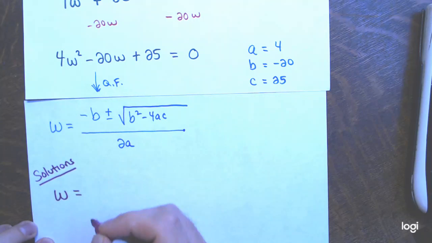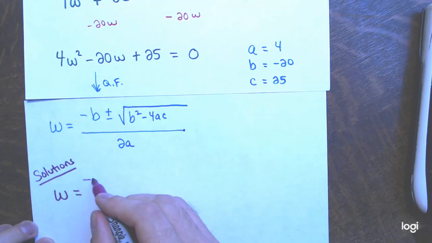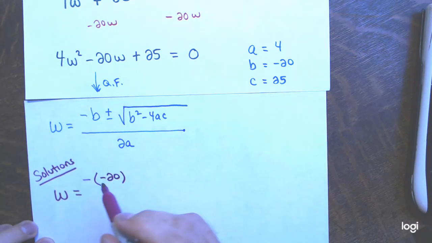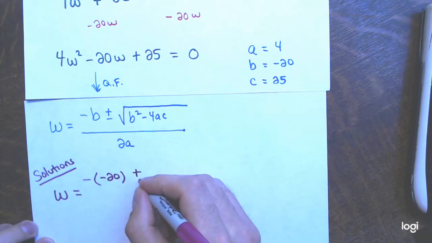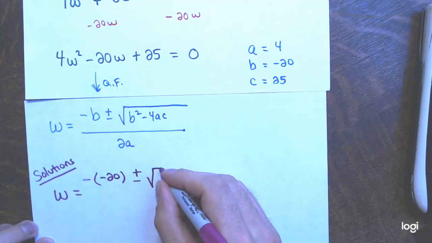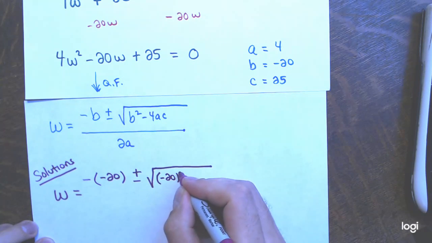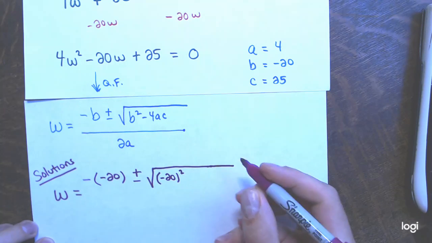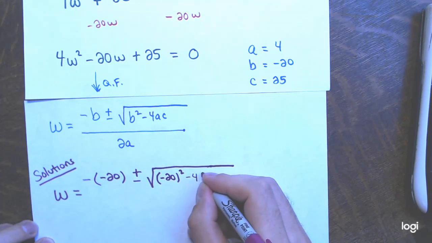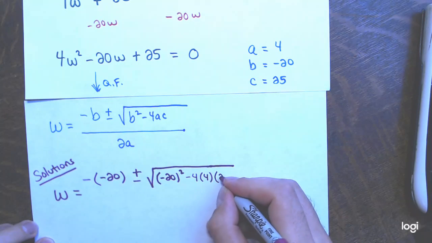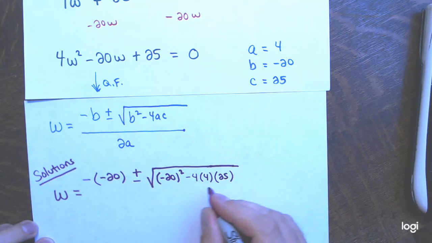W equals the opposite of b, which is negative 20, so that'll become positive 20 in a second, plus or minus the square root of b squared, so negative 20 squared, minus 4 times a, which is 4 again, times c, all in the square root.